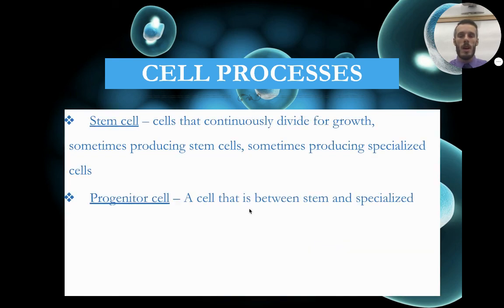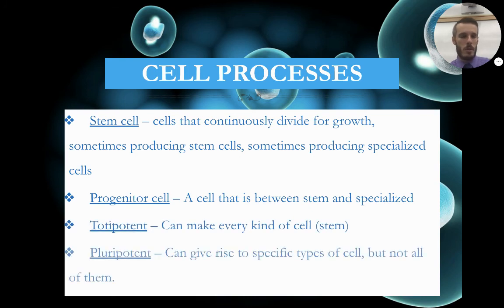Okay. So that finally brings us to talking about stem cells, which have the ability to produce specialized cells. So they are not specialized, but they will undergo mitosis, and those cells can then specialize into a certain cell.